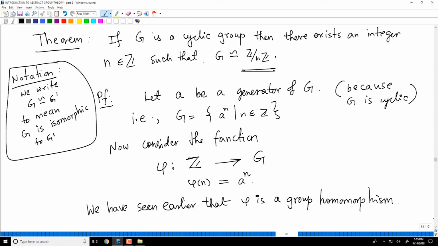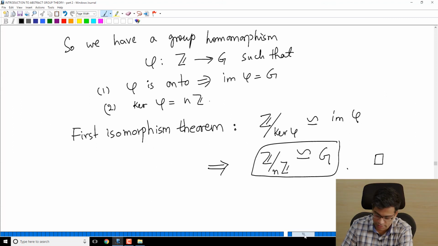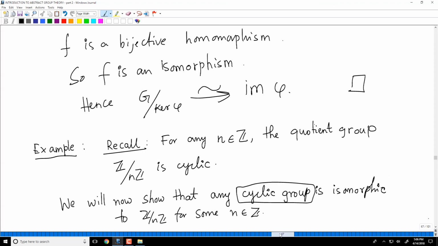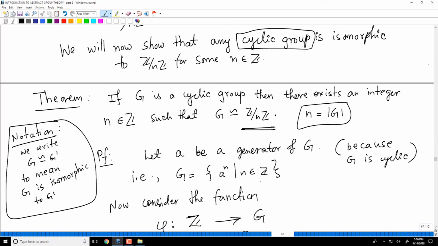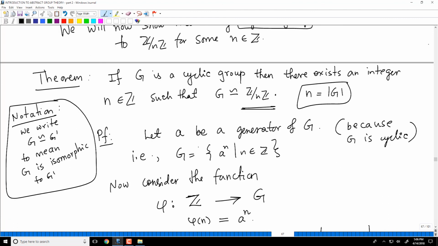But what is n actually? n cannot be an arbitrary number, n has to be related to G. Here n is the order of G. Why is n equal to the order of G?